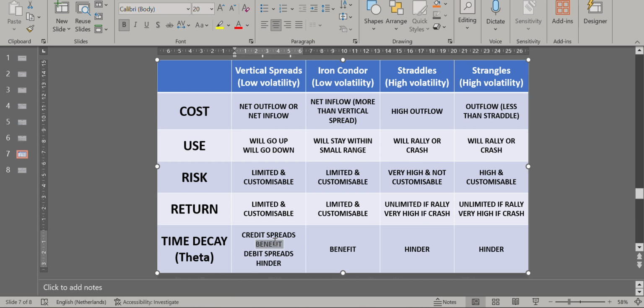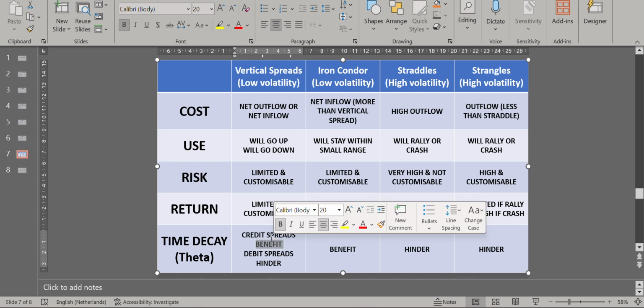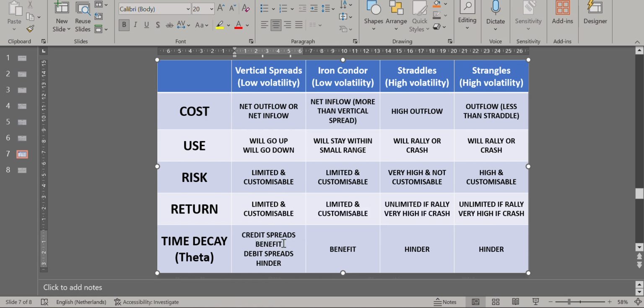So you receive a net premium, and so if the options expire worthless, you benefit from the time decay. In the case of debit spreads, because you paid more in premium than what you received, time decay goes against you, and because of that you need the stock to go in your favor in order for you to profit.